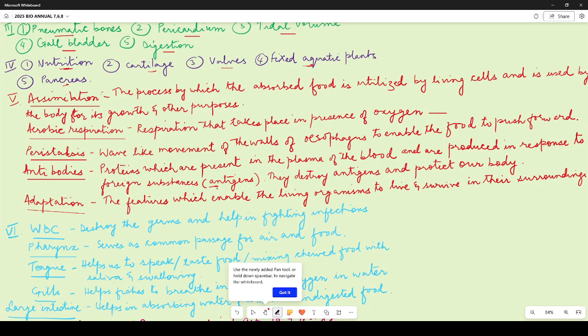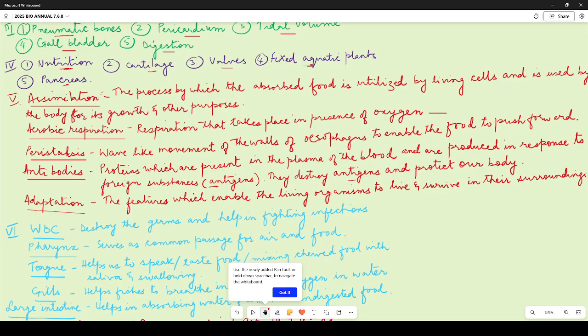These antigens, when they are introduced in our body, then antibodies are produced to fight against them. So they destroy antigens and protect our body. So even if you don't write this line, you can just write proteins which are present in the plasma of our blood or in our blood, and they are produced to fight against antigens. Even if you write it this way, it's perfectly fine.